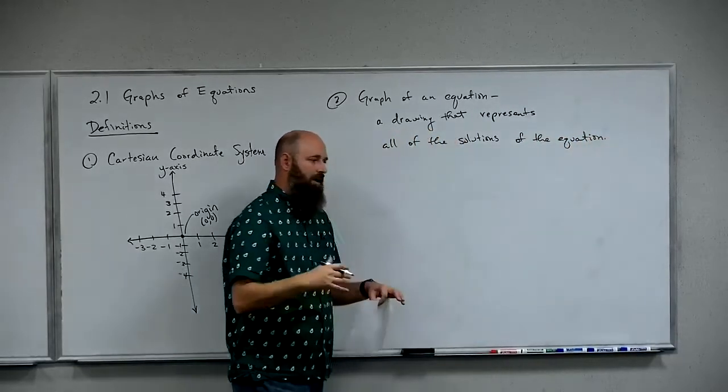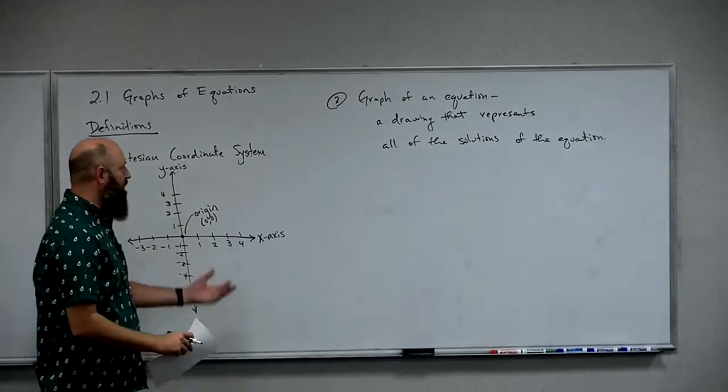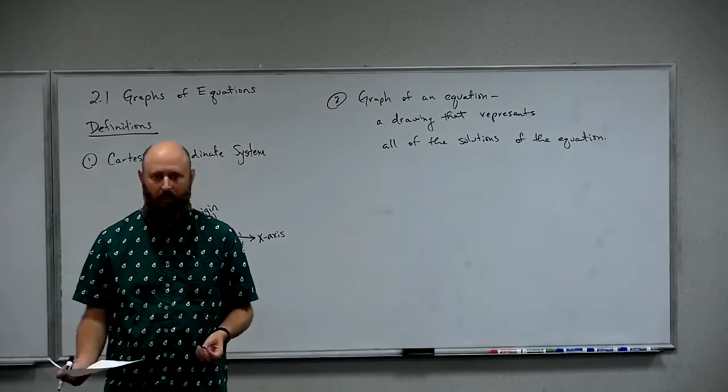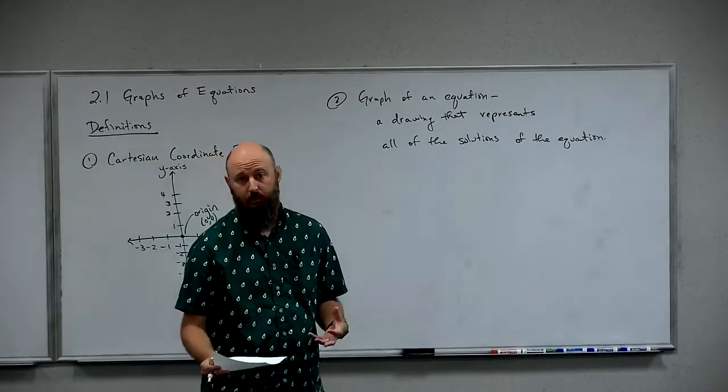So once we put a line or a curve or anything on this graph, that's going to represent all of the possible solutions to that equation. That's why we draw a line, because there's an infinite amount of those pieces.